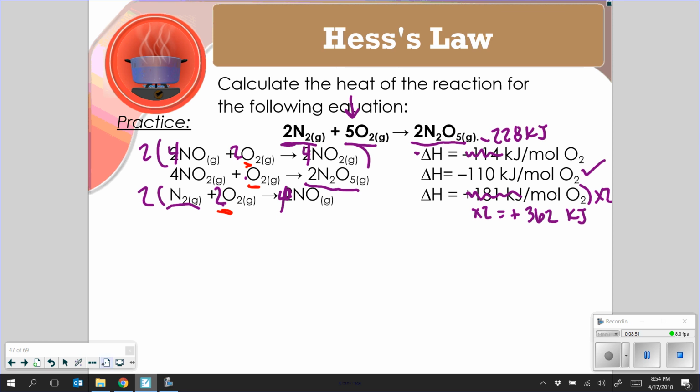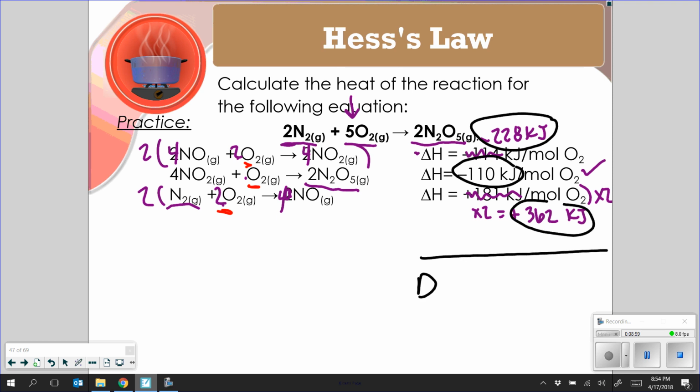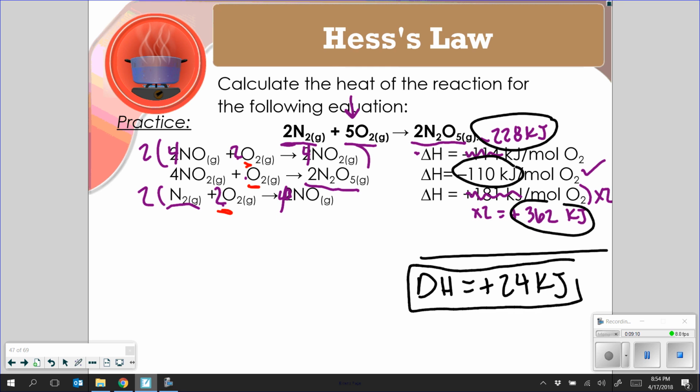I've got 3 values that I need to add up. This one, and this one. So when I go ahead and total that, my sum enthalpy for my given reaction is going to be a positive 24 kilojoules. So overall, this is going to be an endothermic reaction.